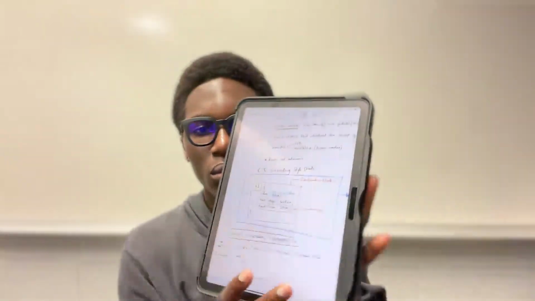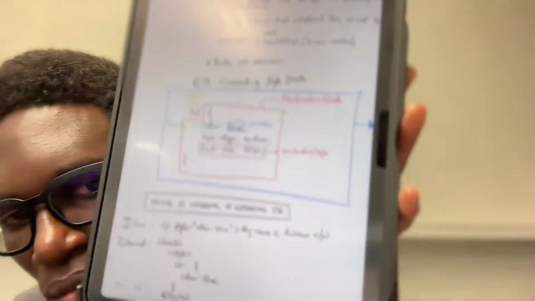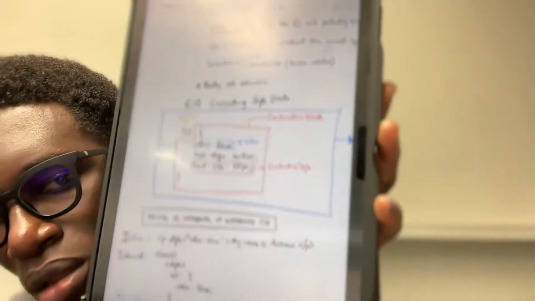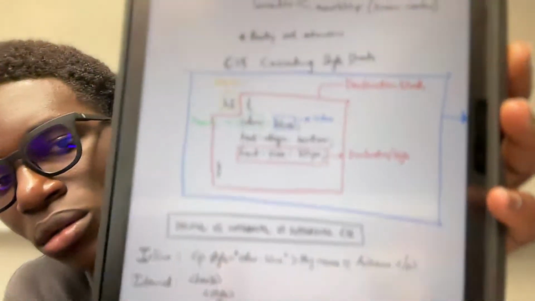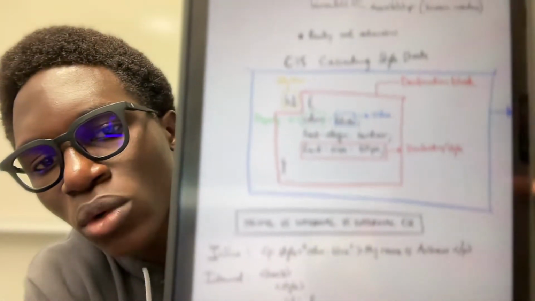If you remember that image I was trying to show you guys yesterday, you see the one in yellow. You see the H1, that's a selector. That's an element selector.